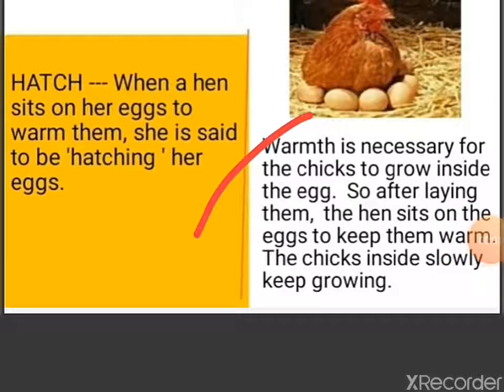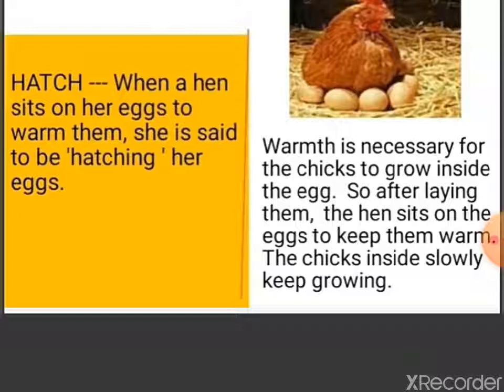When a hen lays eggs, she has to sit on the eggs to give warmth. Warmth is really very necessary for the chicks to grow inside the egg. So after laying them, the hen sits on the eggs to keep them warm. And then the chicks inside the egg slowly keep growing.